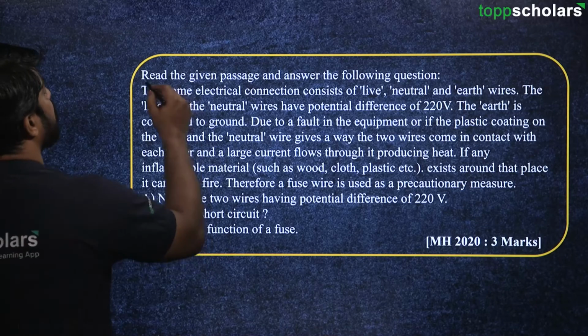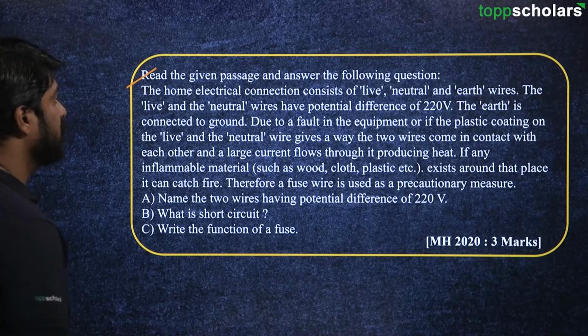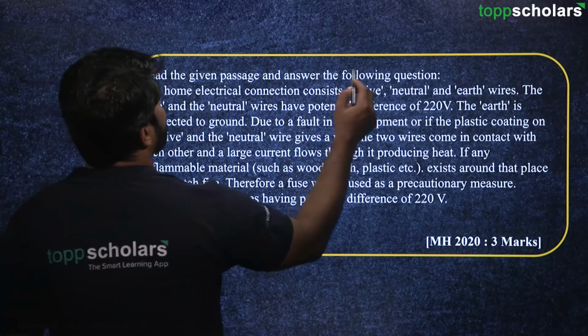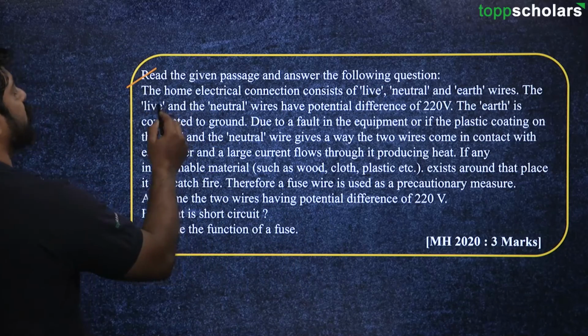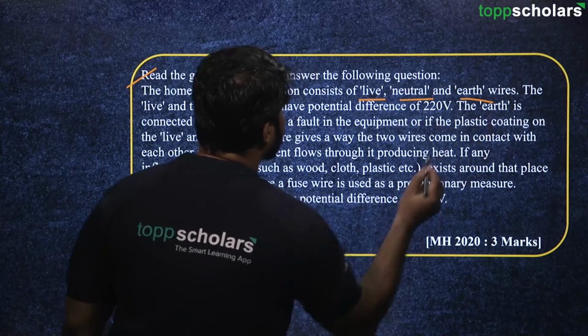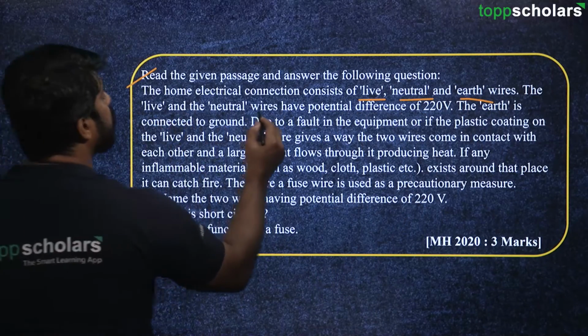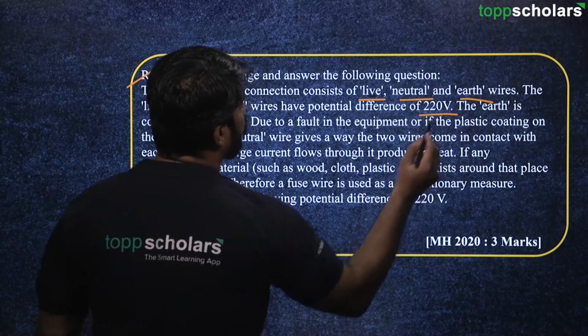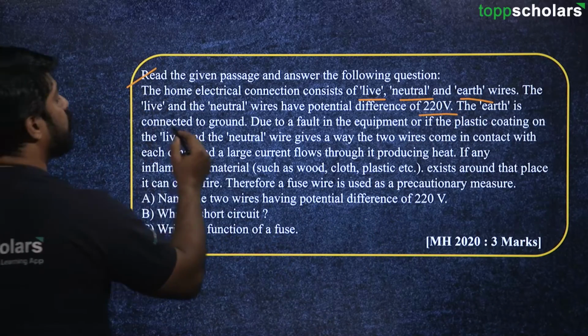Here, this we have already discussed actually. Read the passage and answer the following question. The home electrical connection consists of live, neutral and earth wires. The live and the neutral wires have a potential difference of 220 volt. The earth is connected to ground.